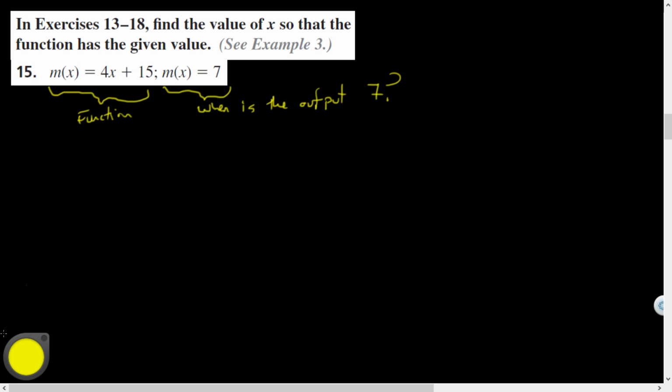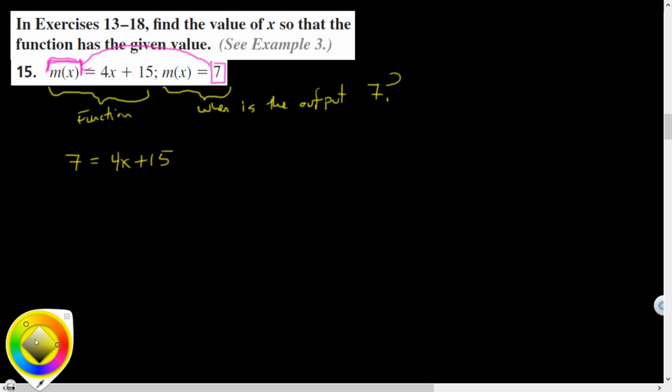So the output is 7 at some point. What we'll end up doing here is taking the 7 and plugging it in, not for x, but for m of x, this entire thing. That's kind of a weird idea, I know. So I'll have 7 equals 4x plus 15.